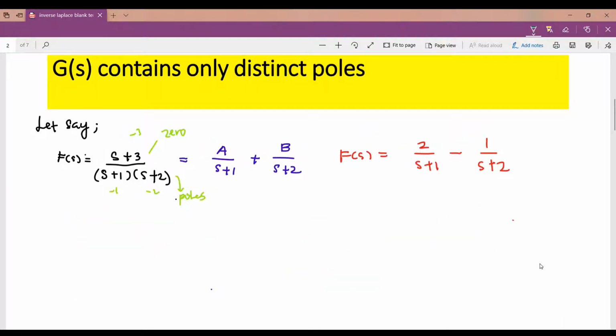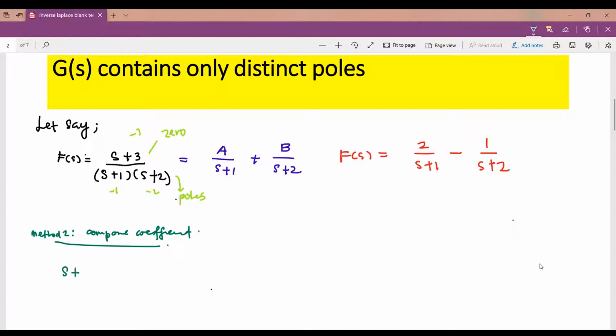If you don't like the first method, you can use the second method, which I call compare coefficient. How to do this second method? You just copy the numerator only.